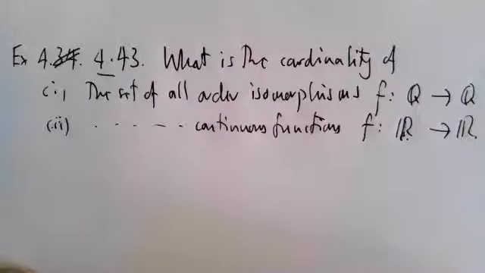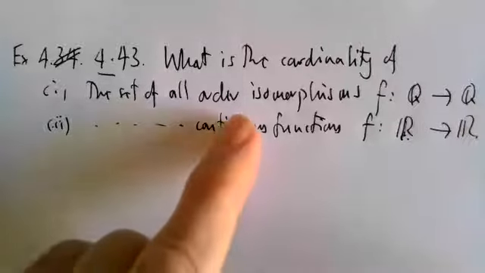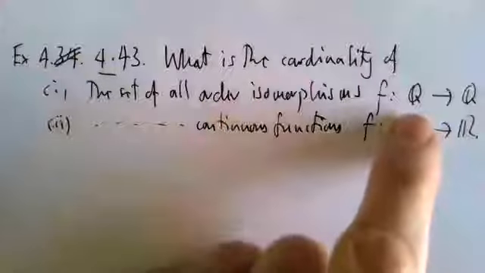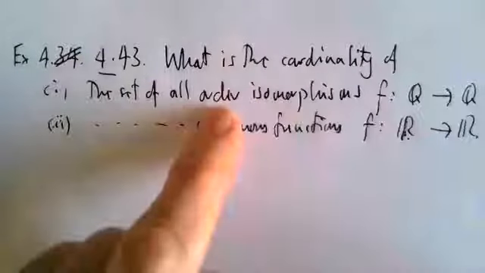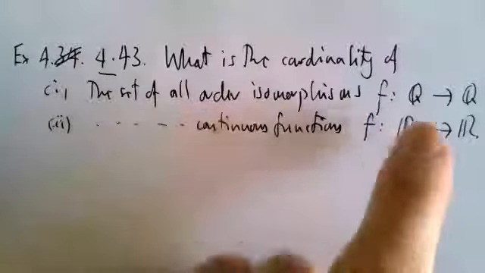Okay, so how does one go about this? Well, of course, an order isomorphism has to be an order preserving map, and it has to be a bijection.